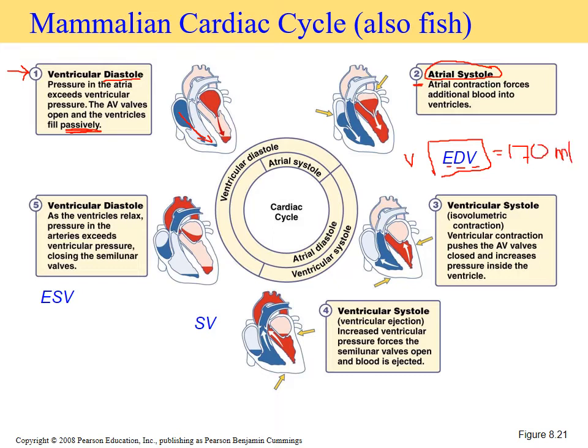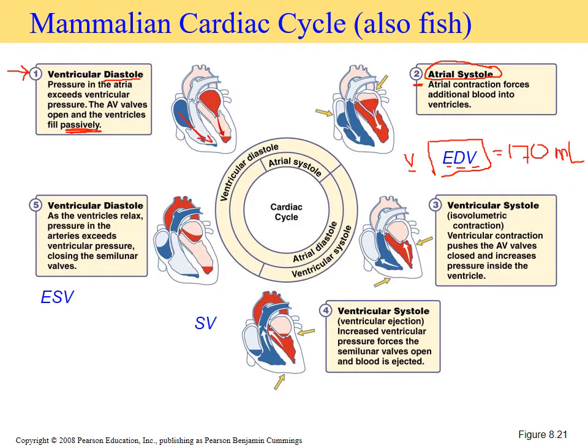This corresponds with your EDV, your end diastolic volume, and this is only for the ventricle. This applies to both the left and the right. So both of them will have 170 ml each at the end of relaxation, at the end of the diastolic motion. Now, the fact that it has accumulated so much fluid means that its pressure has built up as well.